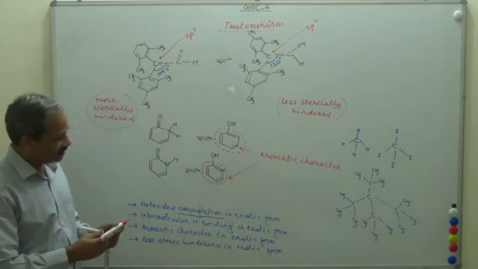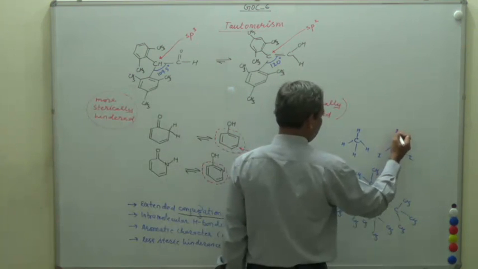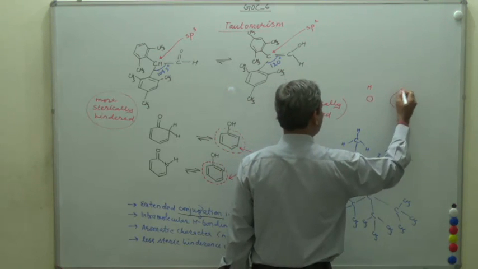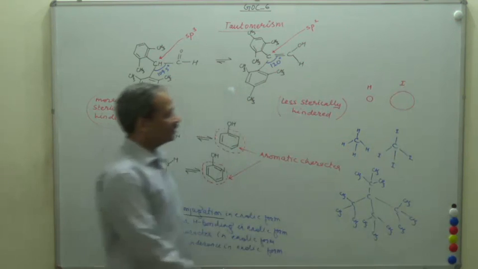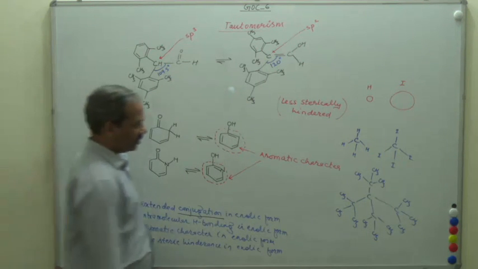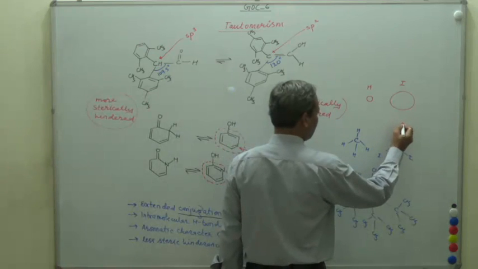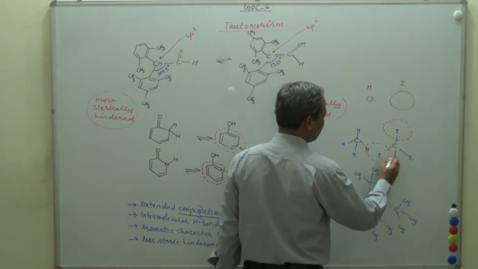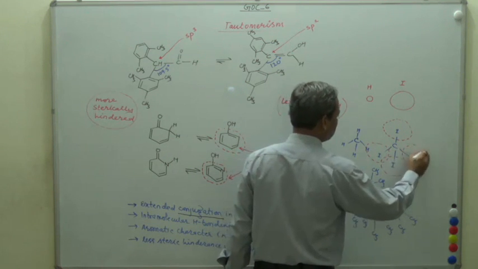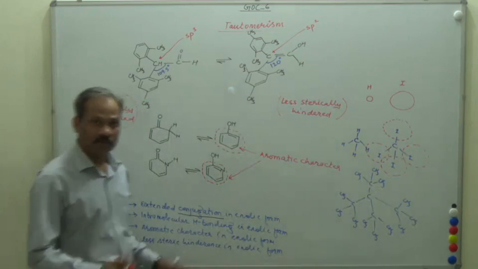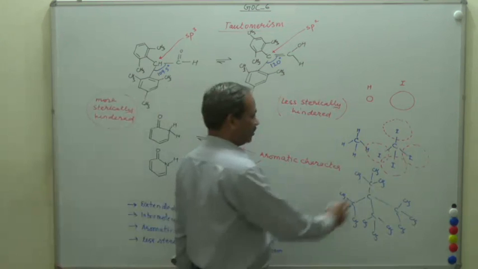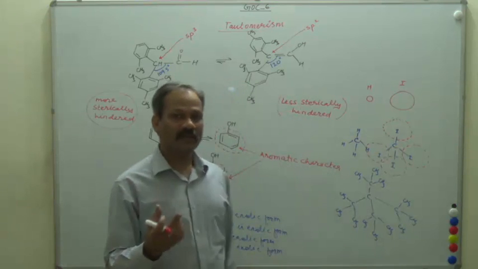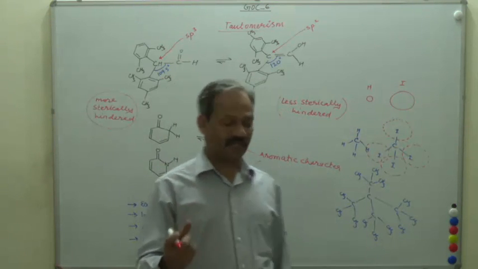In these compounds, this is the size of a hydrogen atom, and this is the size of an atom of iodine with respect to hydrogen. So this carbon atom is a sterically hindered carbon atom due to the presence of these 4 bigger size iodine atoms. So large crowding is there around this carbon atom due to the presence of bulkier substituents, and these angles are 109.5 degrees because of its sp3 hybridization state.